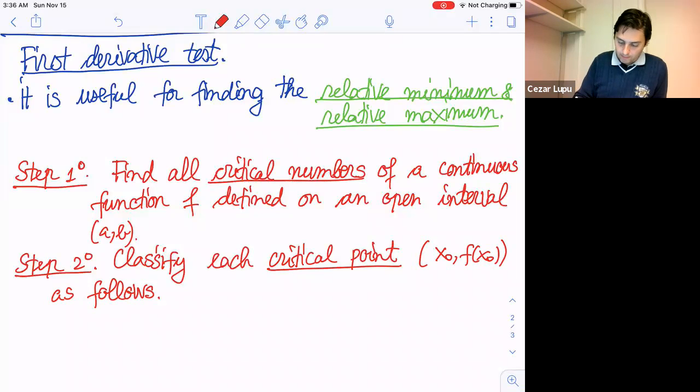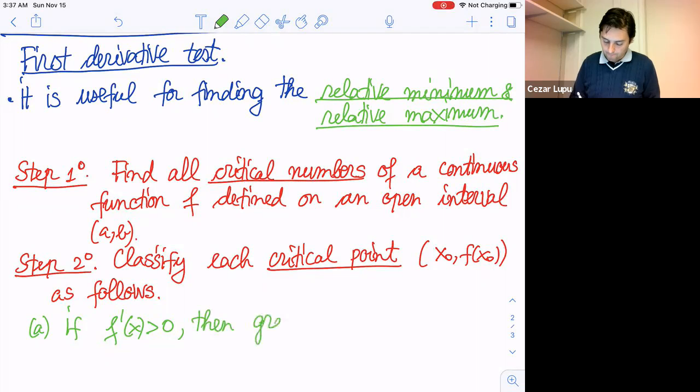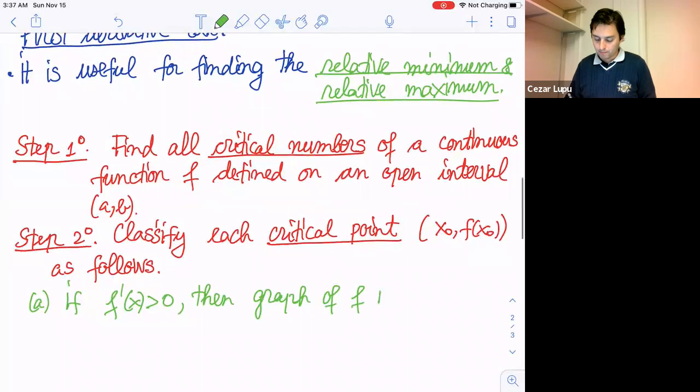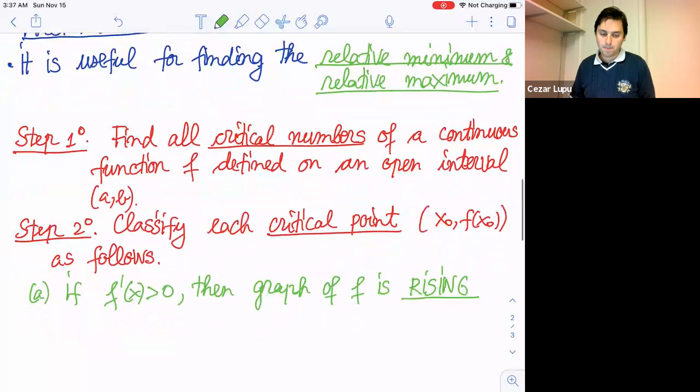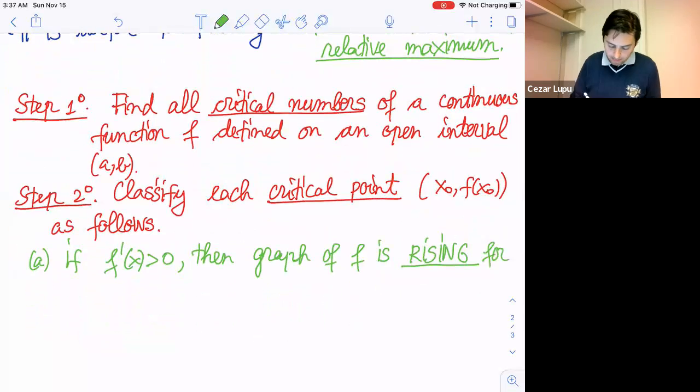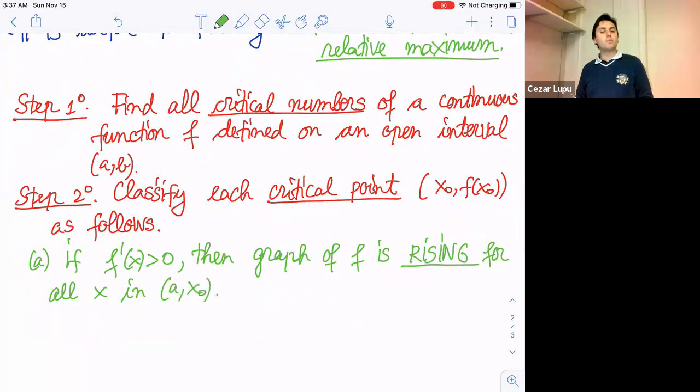So A. If the derivative f prime of x is greater than 0, then the graph of the function f is rising, right? For all x in the interval a x naught. So keep in mind that x naught will be my critical number.